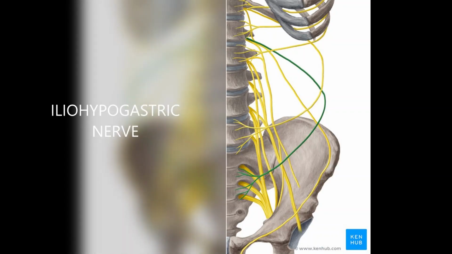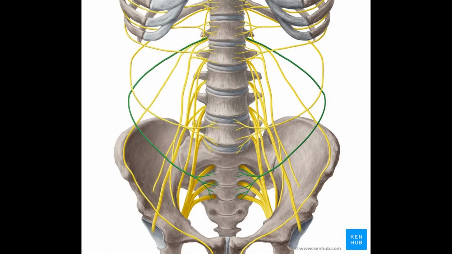Iliohypogastric nerve. The iliohypogastric nerve emerges at the lateral border of the psoas, runs downward and laterally in front of the quadratus lumborum and behind the kidney and colon. It pierces the transversus abdominis a little above the iliac crest and runs in the abdominal wall.